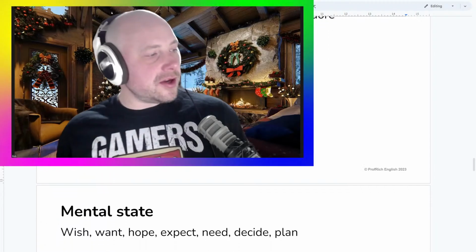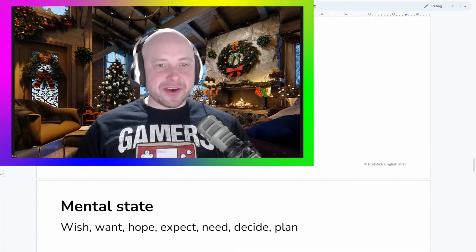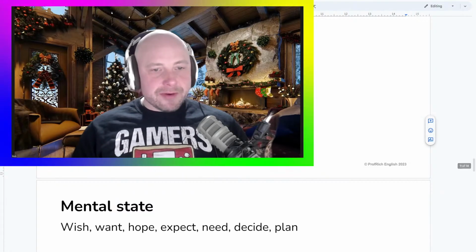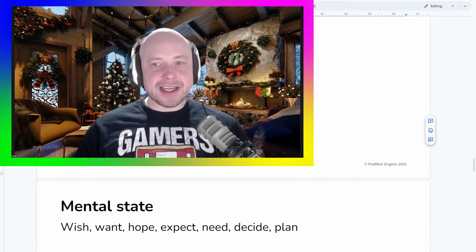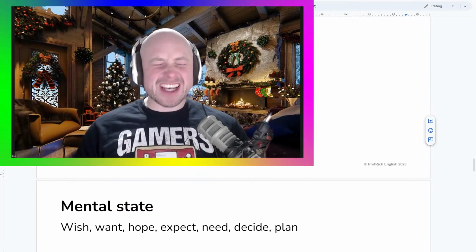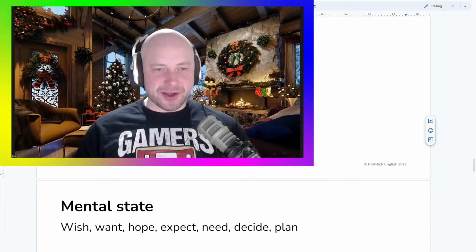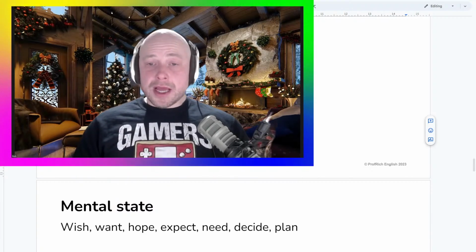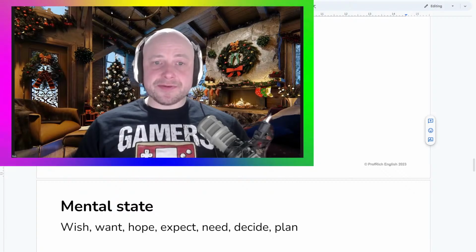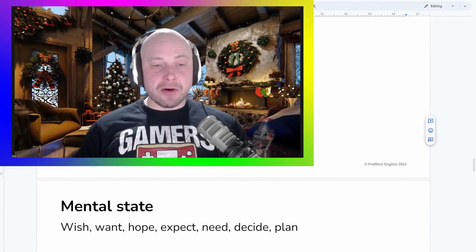Okay, let's continue. So we're moving on to mental state. Now, I love mental state verbs. There's loads of them. We've got verbs like wish, want, hope, expect, need, decide, plan, and loads of others. We could call these mental state verbs. And you might notice these verbs are normally not used in ing themselves, right?